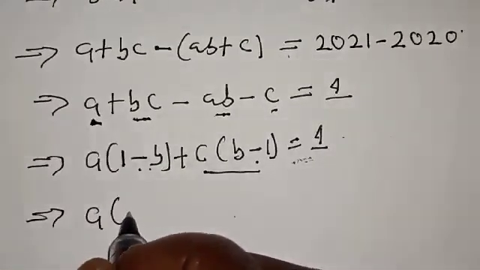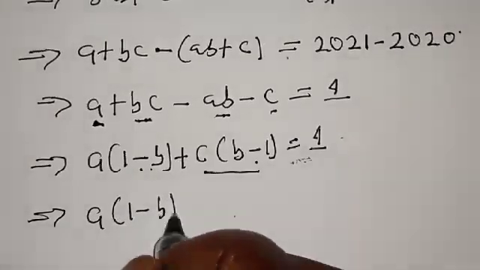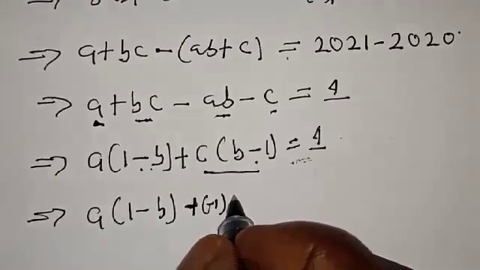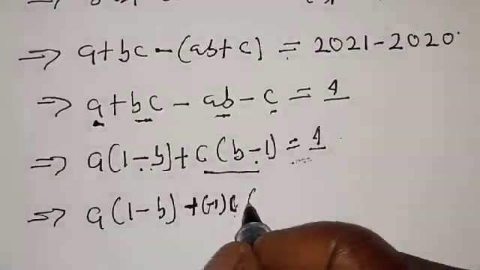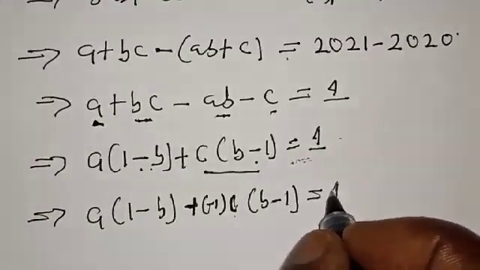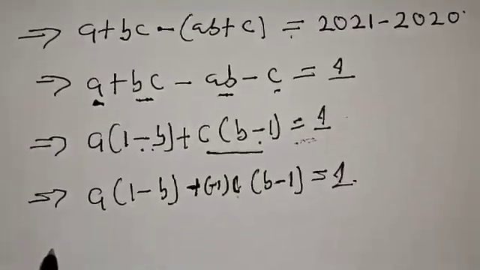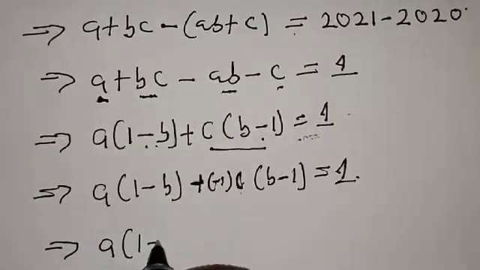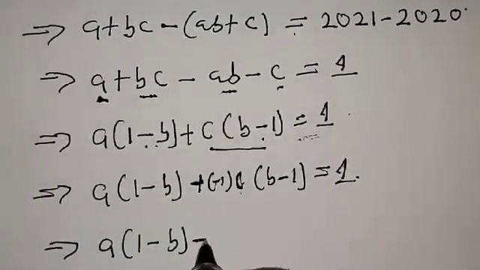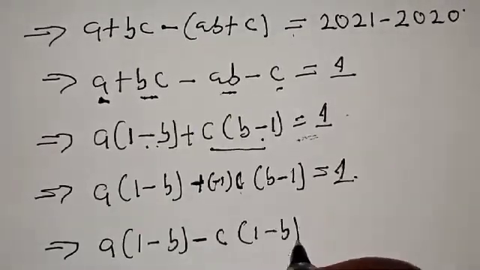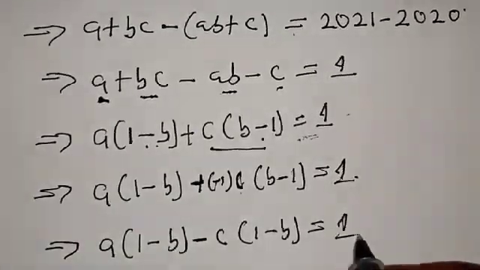This implies that we have A into 1 minus B plus minus 1 multiplied by C into B minus 1 equal to 1. Then this implies that we have A into 1 minus B minus C into 1 minus B equal to 1.